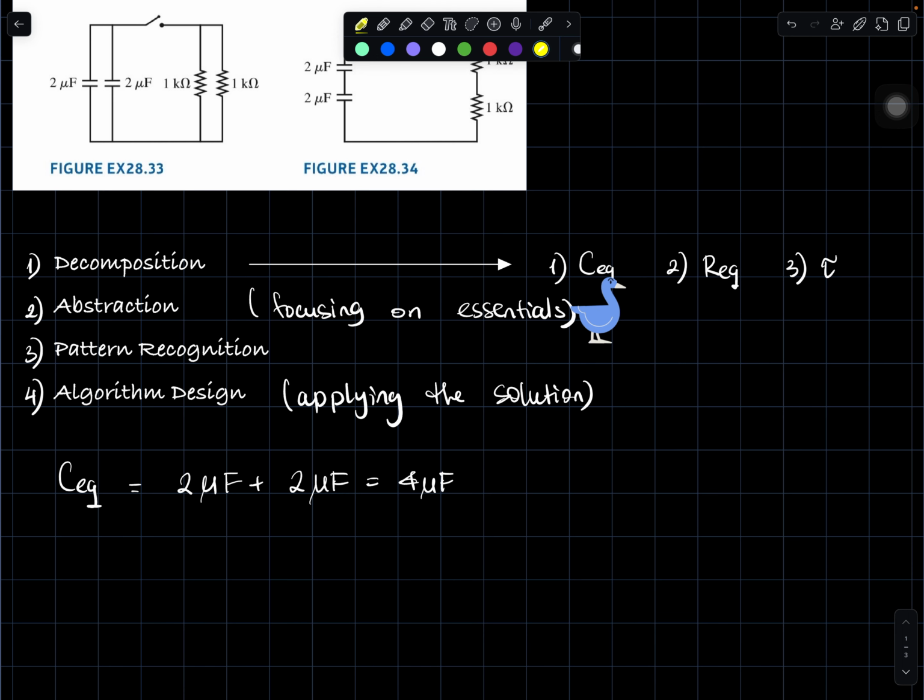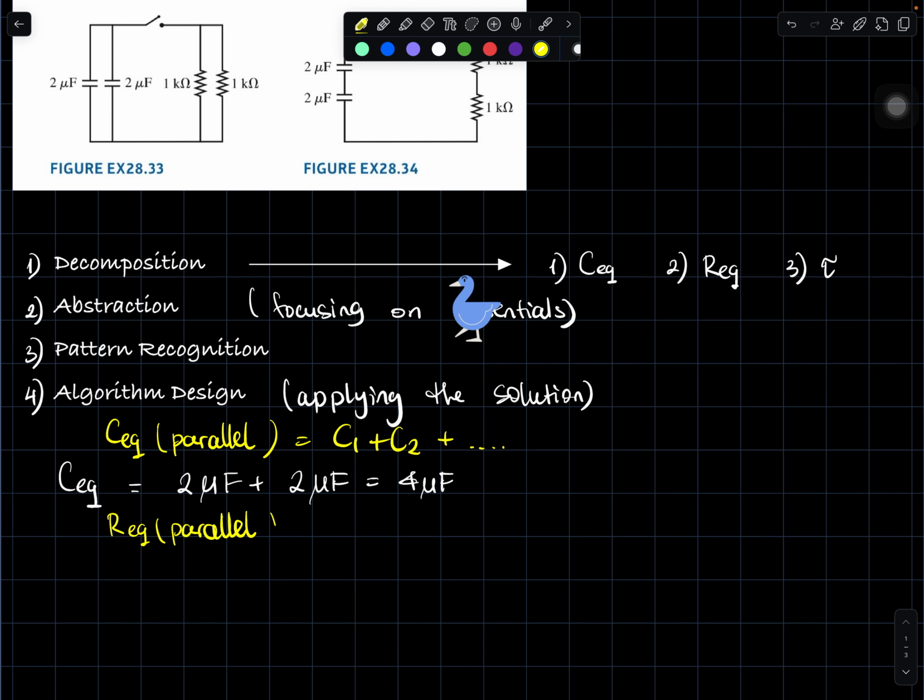Let me first write the formula for parallel: C1 plus C2, and it goes on. And for equivalent resistance in parallel, we need to find the reciprocals.